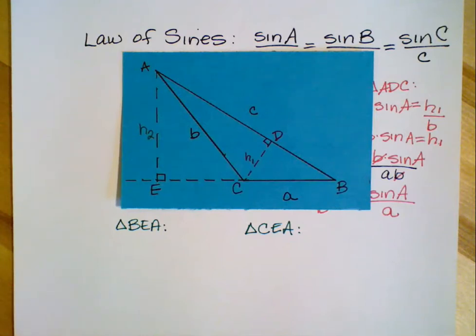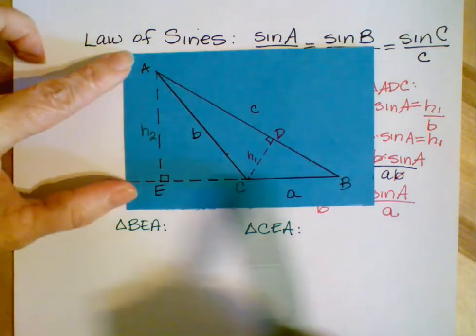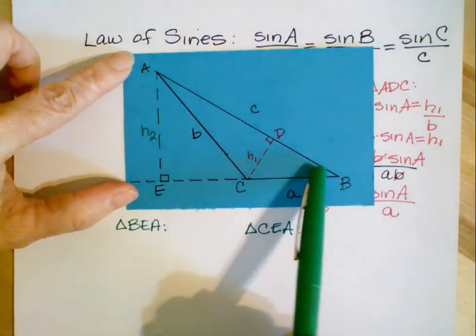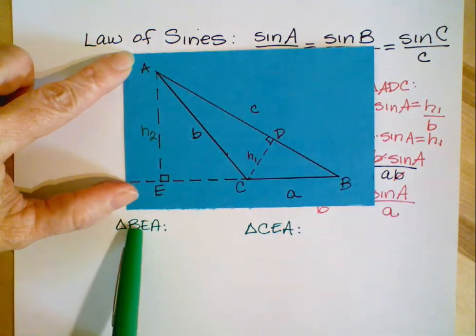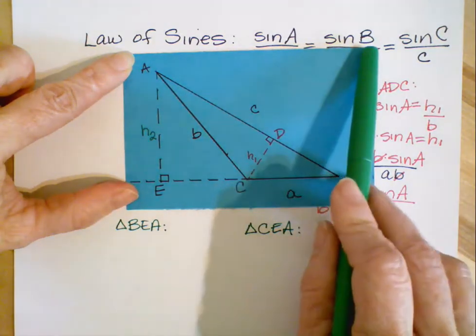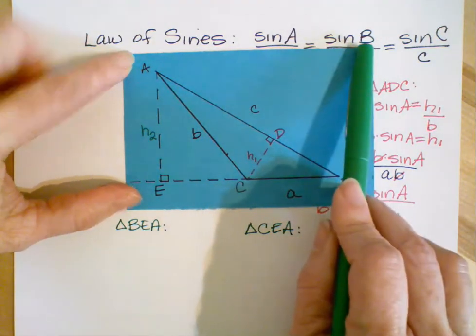But there is some relationship that's going to hold true. It's going to pop in just a bit. But for now, let's look at that triangle BEA. In that right triangle BEA, angle B, that is an angle in that triangle, is also the same angle B that we're referring to here.